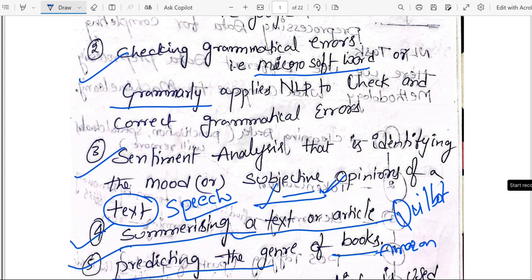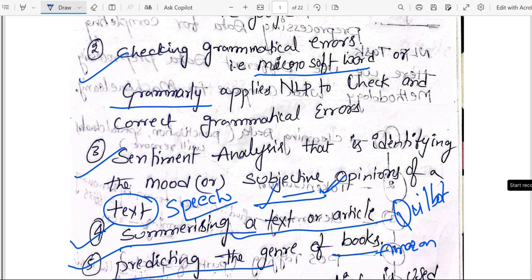Then coming to the fourth one, that is summarizing a text or article. Suppose your data is 100 lines. Reading 100 lines is very difficult for normal students. So at that time we summarize the text. During this summarization, only the important points will appear.